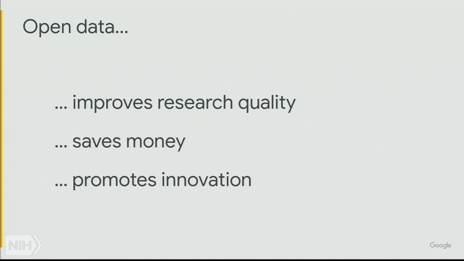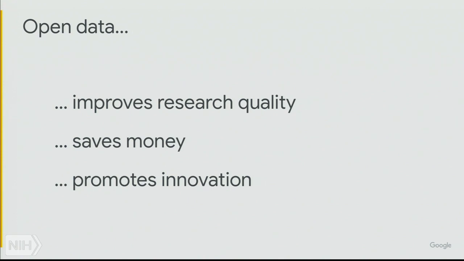For example, a recent paper by Milham shows that FCP Indy, one of the initiatives in data sharing in neuroimaging, saved something around $1 billion. And we know it also promotes innovation because reusing data across fields leads to new ideas.